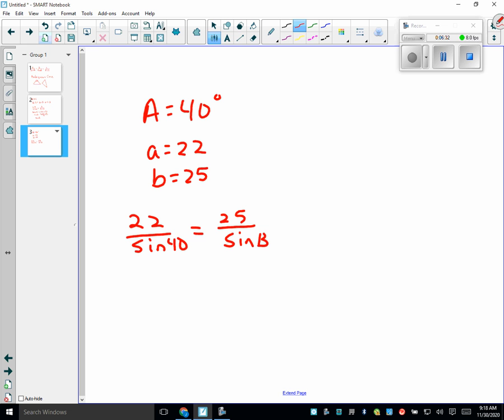So when you do all what we did a while ago, is the sine of B equal to 25 sine of 40 over 22? Is that right? So what is angle B? I got domain error.